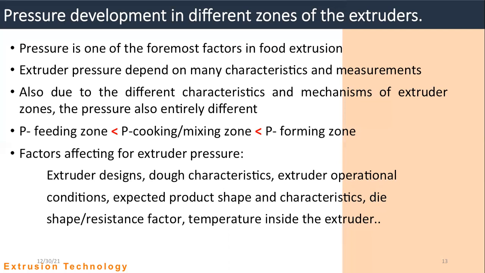So there are different factors we can control to alter the temperature: extruder designs, dough characteristics, the amount of water, with high water and low water the pressure will change. And extruder operational conditions, as we discussed, the rotation speed, flight heights, expected product shape and characteristics. Based on these things, we change the extruder pressure.